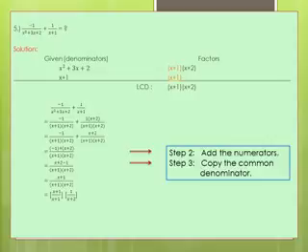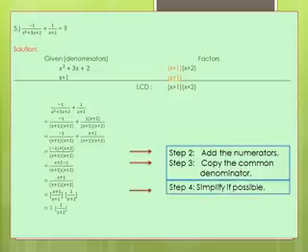As we see, x plus 1 over x plus 1 times x plus 2 is not yet in its simplest form because we see a common factor which is x plus 1. And so we factor it out. So x plus 1 over x plus 1 times 1 over x plus 2. And it becomes 1 times 1 over x plus 2.